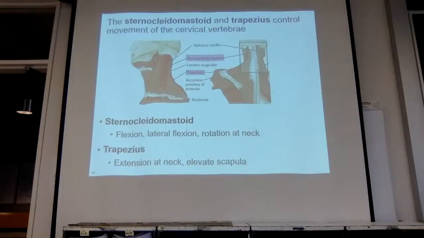So, posterior review. Remember in your drawings, show your attachments and label them.